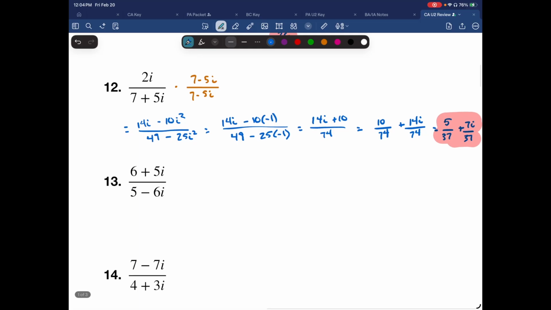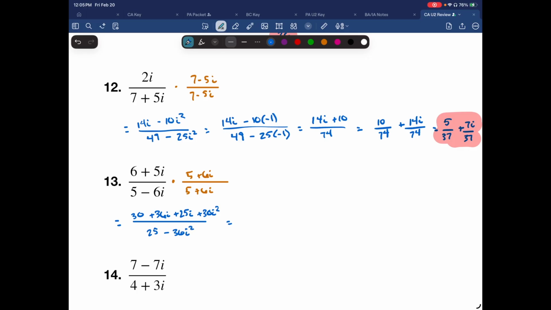Okay, on 13, again, we're focused on the denominator, so this is going to be 5 plus 6i. Okay, so that's going to be on top. 6 times 5 is 30. All right, 6 times 6i is going to be 36i. 5i times 5 is 25i. And then you got 5i times 6i, which is going to be 30i squared. And then again, you got 25 minus 36i squared. Okay, so let's clean this up.